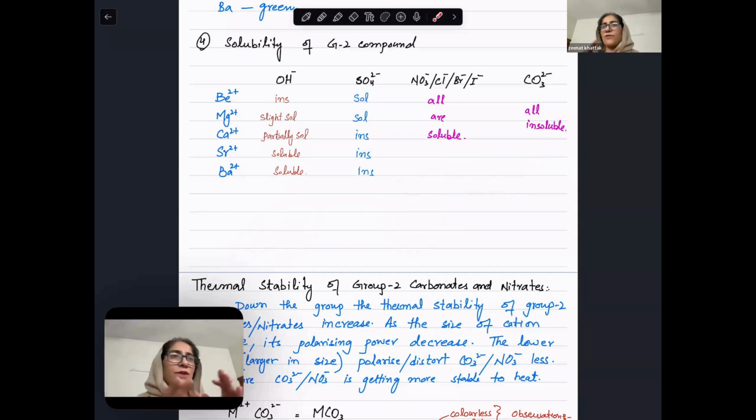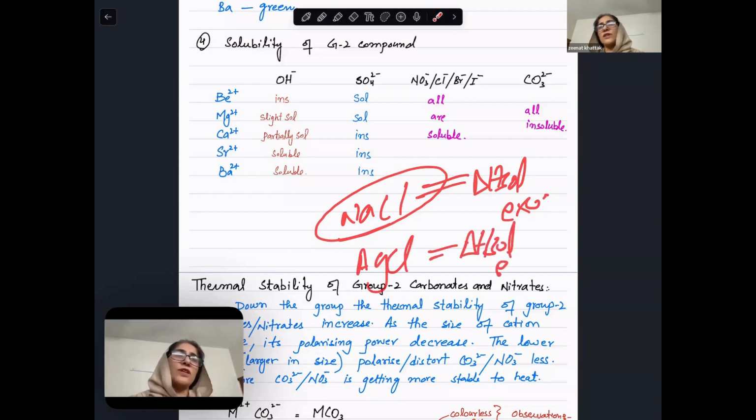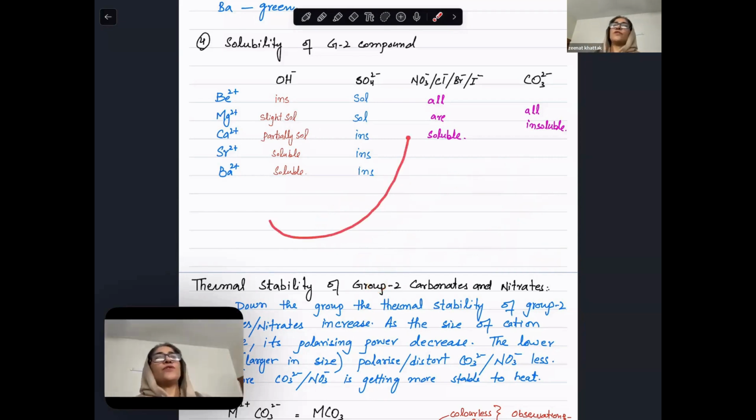But when the question is about an ionic compound, if NaCl dissolves in water, this shows that its delta H solution is exothermic. If AgCl is insoluble in water, its delta H solution is endothermic. So we are going to describe these two in terms of their enthalpy changes of solution.